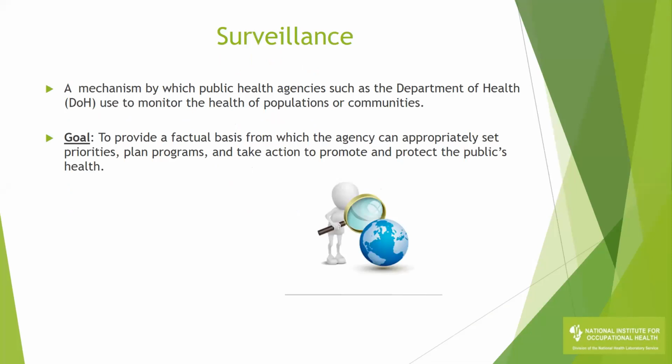Surveillance is a mechanism which public health agencies, such as the Department of Health, use to monitor the health of populations or communities. The goal of surveillance generally is to provide a factual basis from which the agency can appropriately set priorities, plan programs, and take action to promote and protect the public's health.